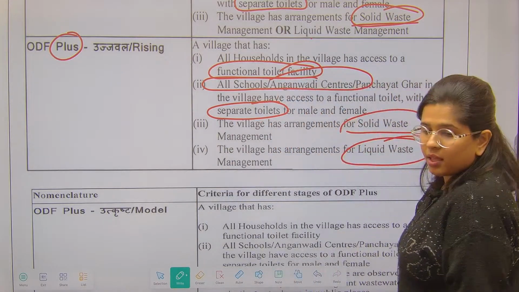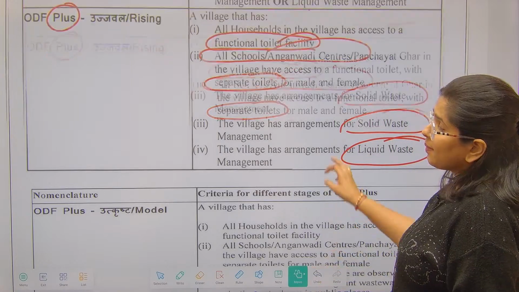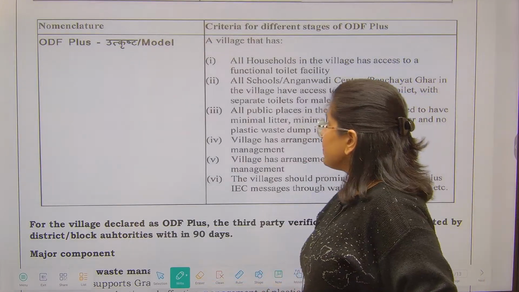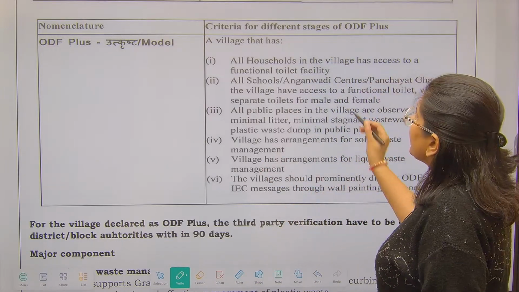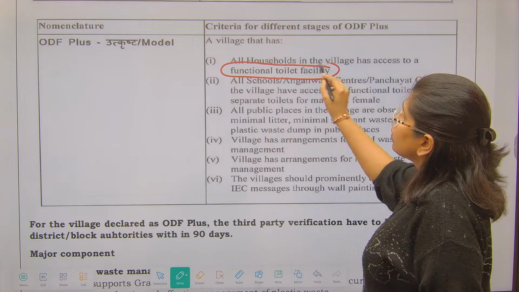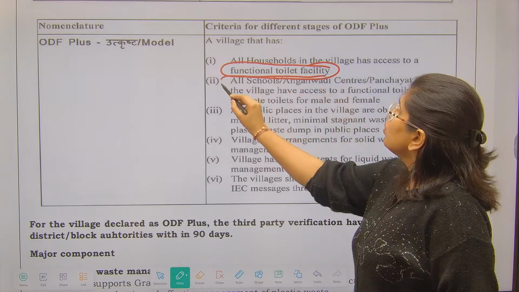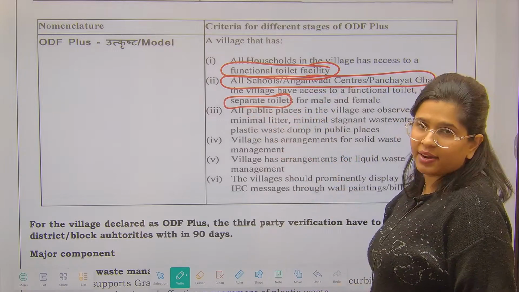Okay? Next we have the ODF plus model. Model means the best, right? What is this particular category? Over here, the first 4 we already know. What are the first 4? Yes, every household should have a functional toilet. All schools, Anganwadi centers, and Panchayat Ghars should have separate toilets for male and female.